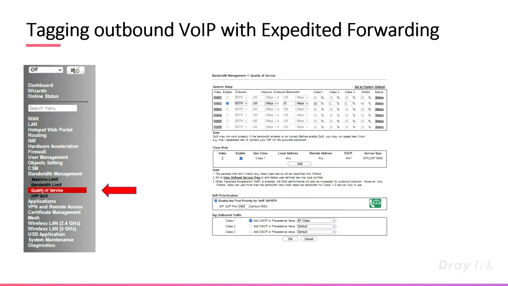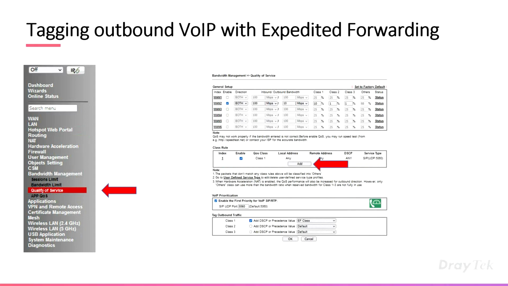By the way, the ISP also must have this enabled. Normally, if you don't have an agreement of a sort with your ISP, the EF class is going to be stripped by them. Tagging outbound traffic with DSCP values will work if you control the entire routing domain, such as an MPLS network maybe.